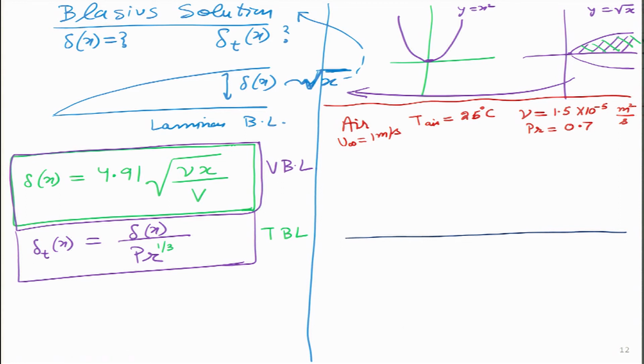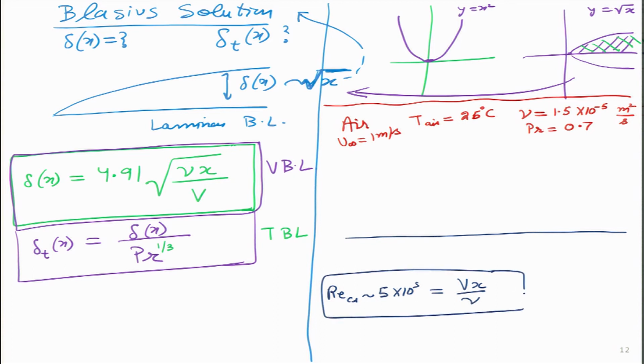So, let me first calculate the critical Reynolds number in this example. Reynolds number critical for a flat plate is approximately 5 into 10 to the power 5, and I would define it as Vx by nu. From this expression I can calculate the distance at the critical Reynolds number. Let us say I represent it by this particular length over here.